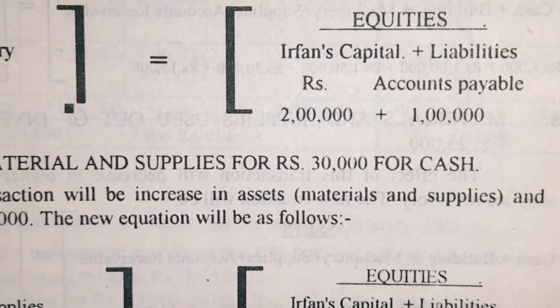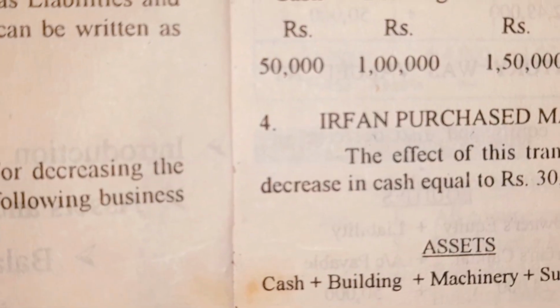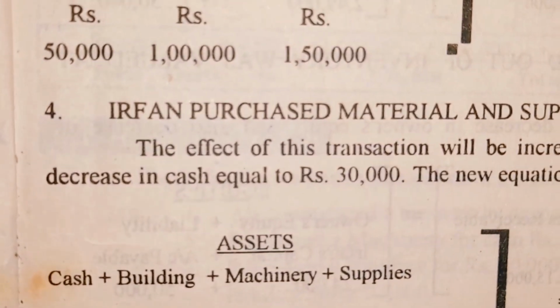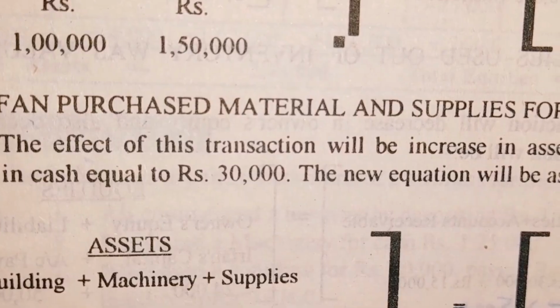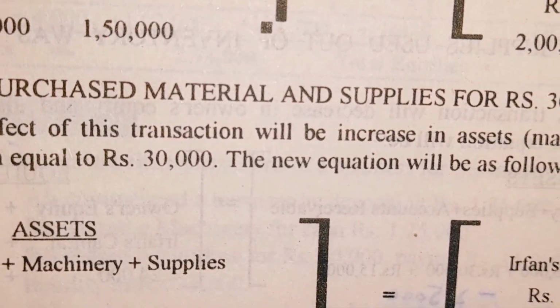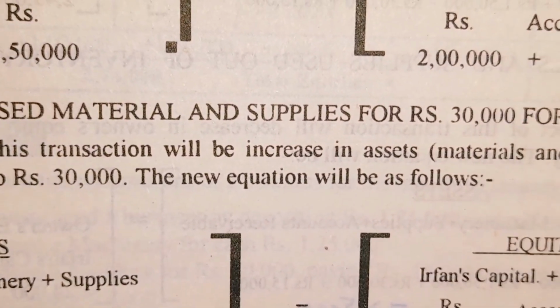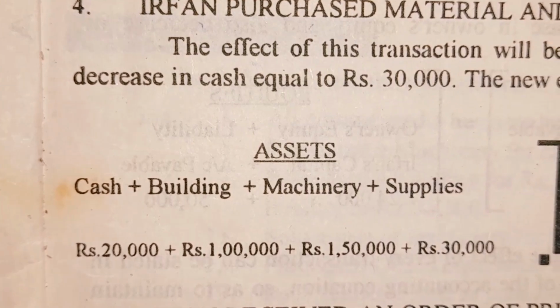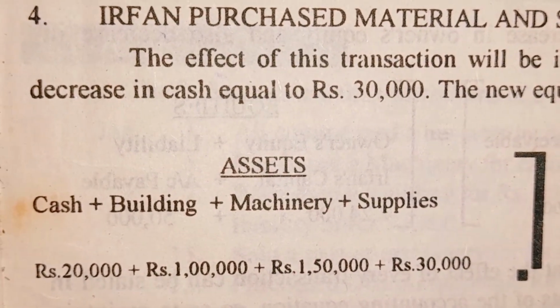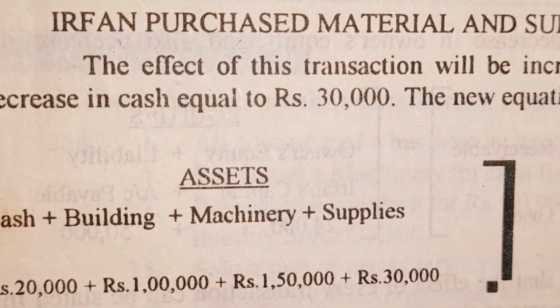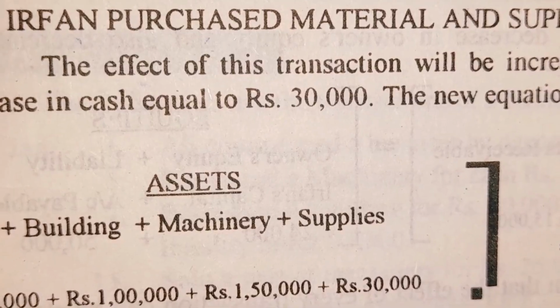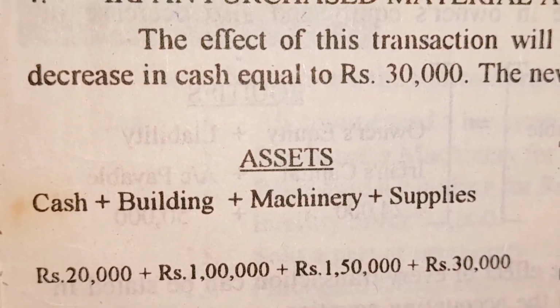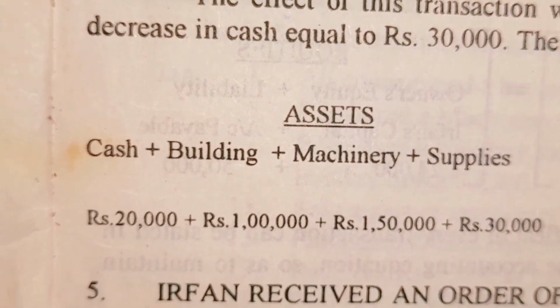Irfan purchased materials and supplies for rupees 30,000 for cash. The effect of this transaction will be an increase in assets, materials and supplies, and a decrease in cash, equal to rupees 30,000. The new equation will be as follows.